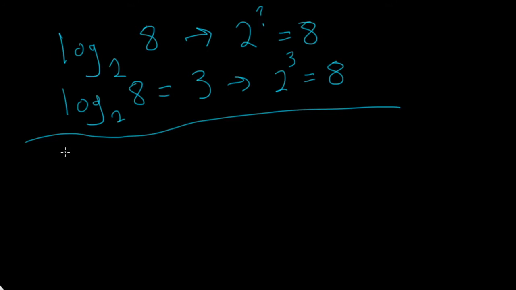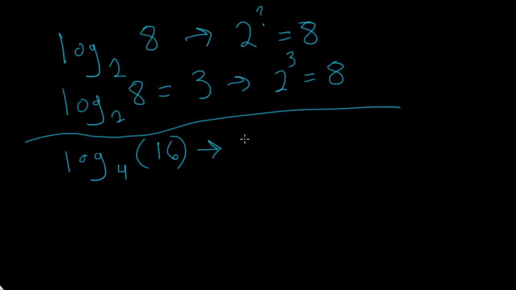All right, let's try one on your own. Say we have log base 4 of 16. Take a second and see if you can figure this out. Hopefully you realized that logs give us exponents.